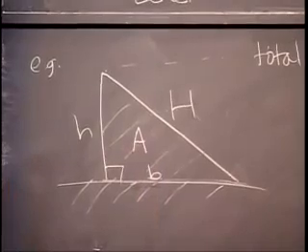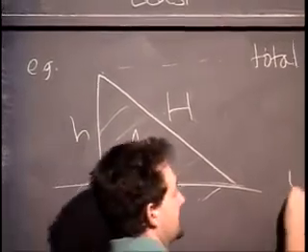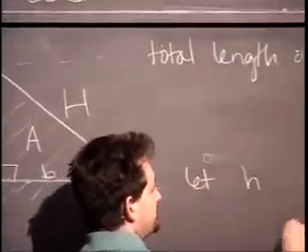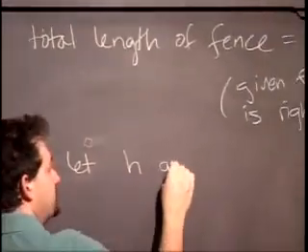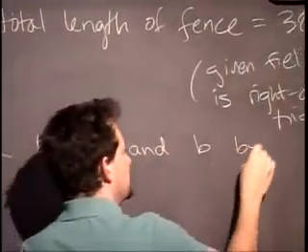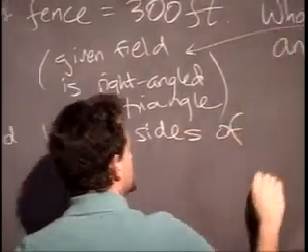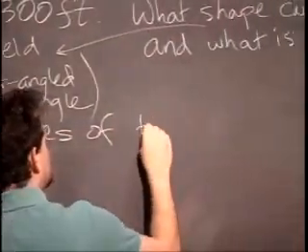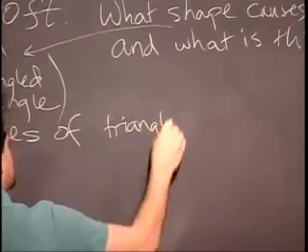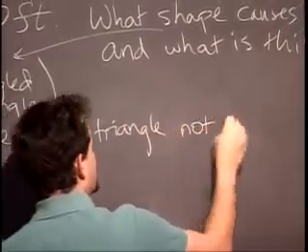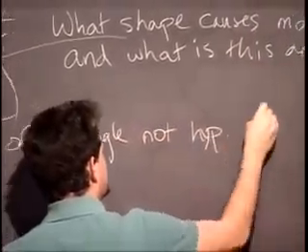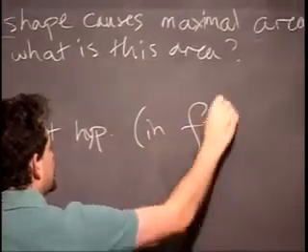So let's write this down. Let's be responsible here. Let h and B be the sides of the triangle, not hypotenuse, in feet.